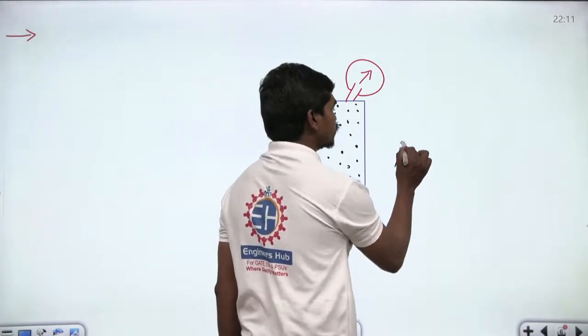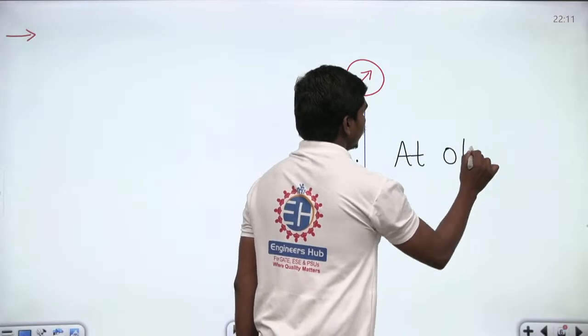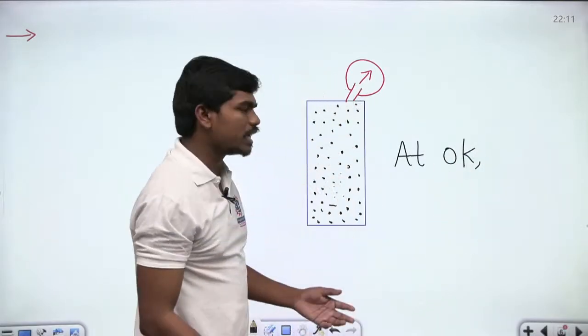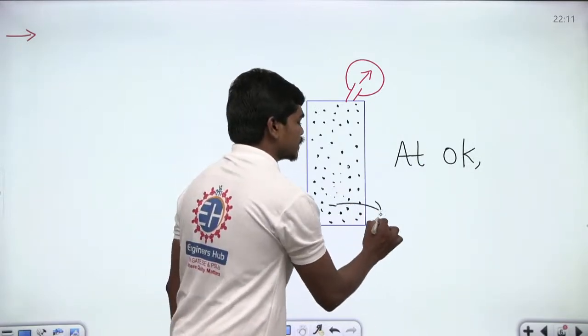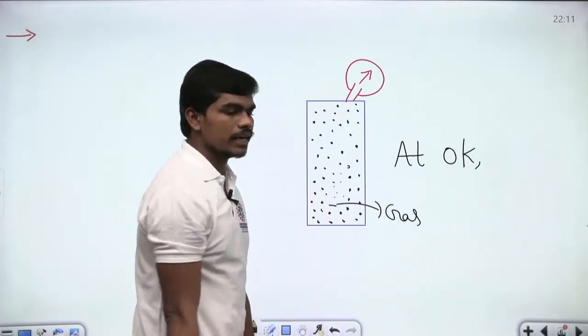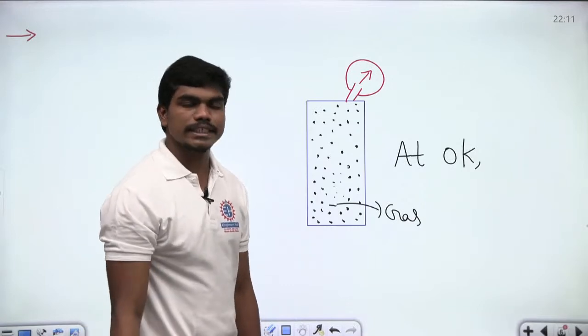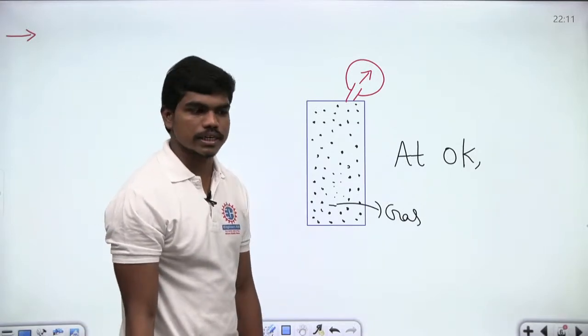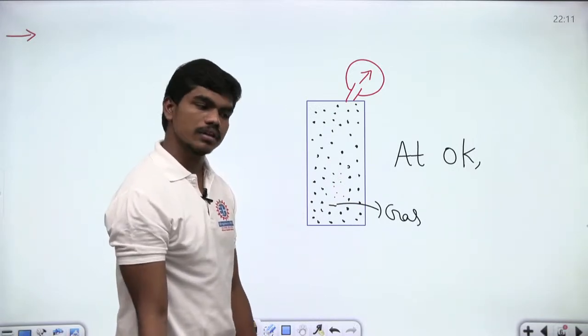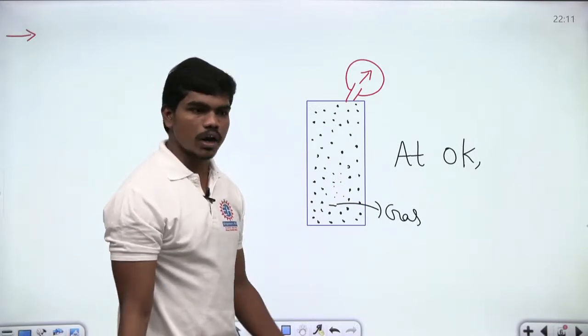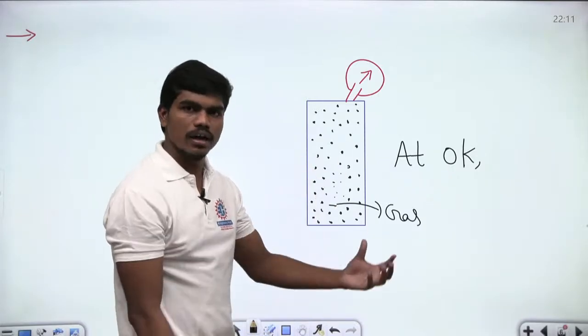So at absolute 0 Kelvin, means at dead state, will there be any pressure? At 0 Kelvin for this gas, will there be any pressure? At 0 Kelvin, you know, there is no molecular motion, correct? So all the molecules get settled at the bottom of the container, correct? So at 0 Kelvin, there is no molecular momentum transfer between the molecules and the walls.